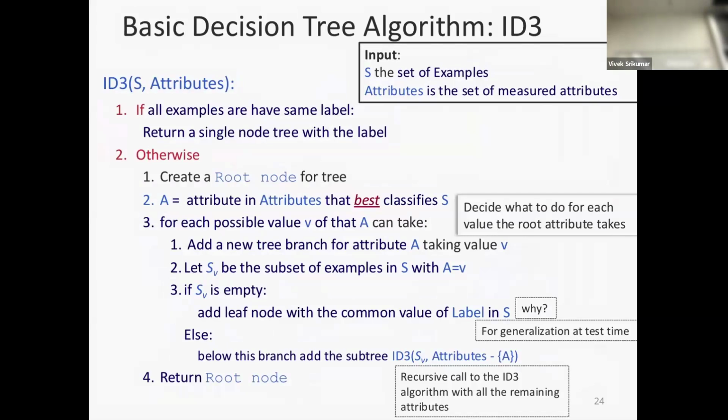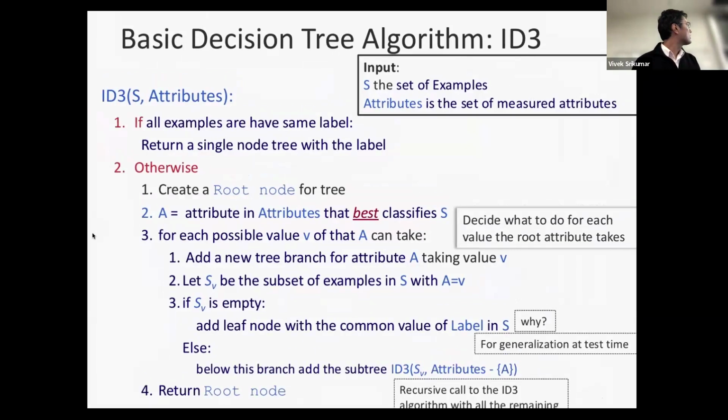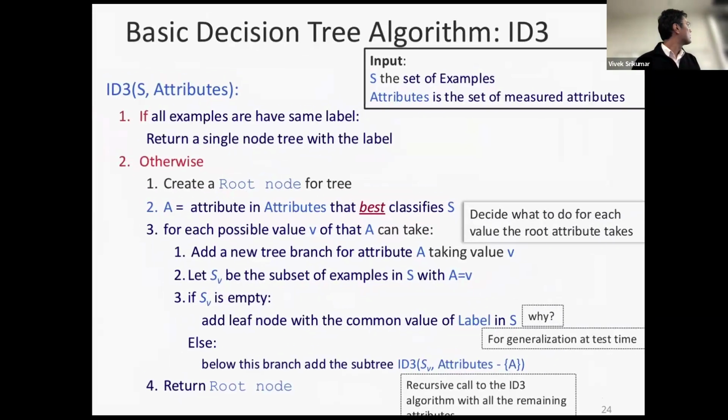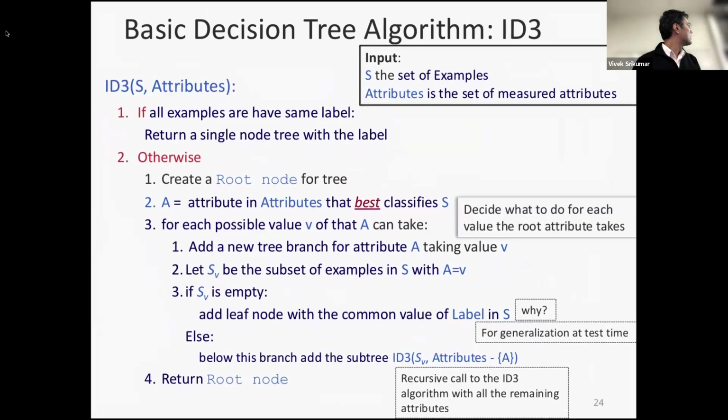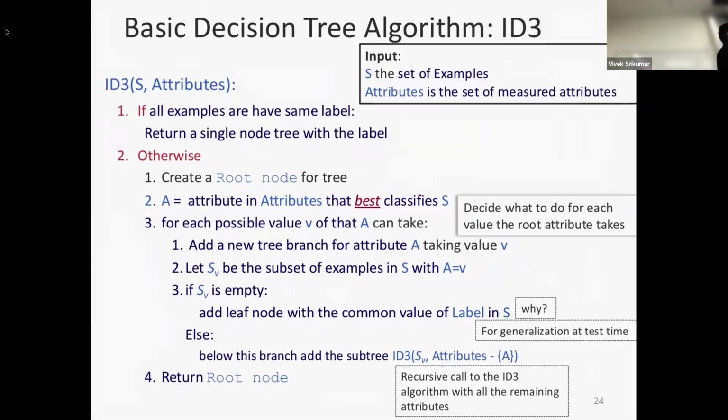Okay, so in the last lecture, we looked at this algorithm called ID3, which is a decision tree learning algorithm. We haven't finished the entirety of the algorithm, but very quickly, the general idea is the following.